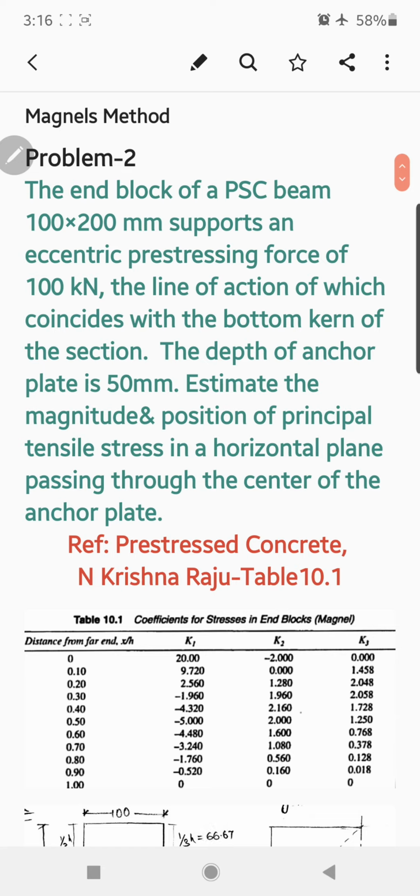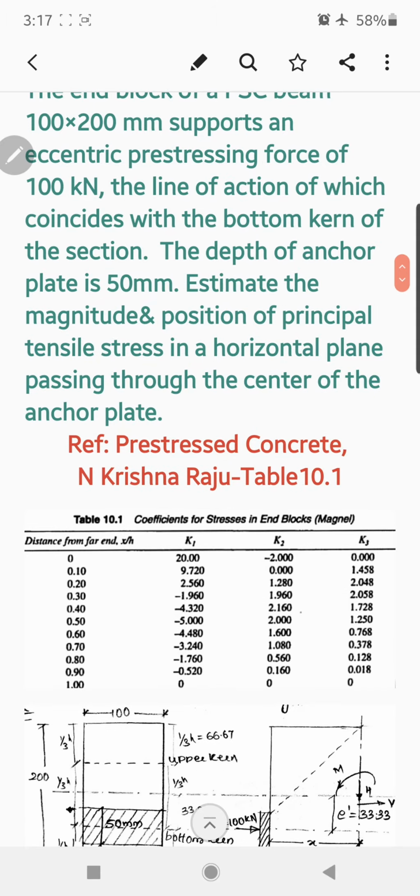Eccentric prestressing force is 100 kilonewton, the line of action of which coincides with the bottom kern of the section. The depth of the anchor plate is 50 mm. You have to estimate the magnitude and position of principal tensile stresses.